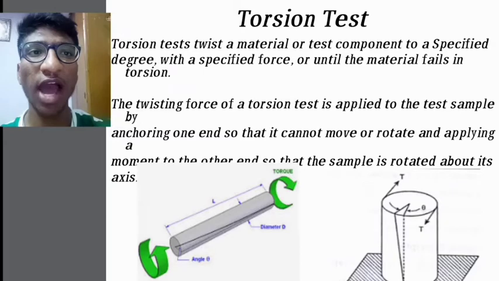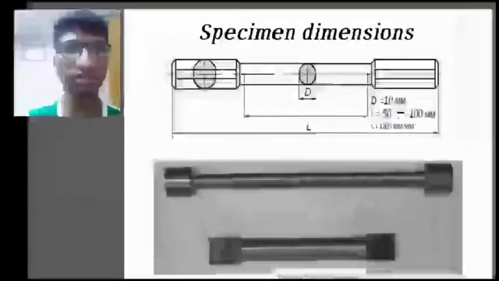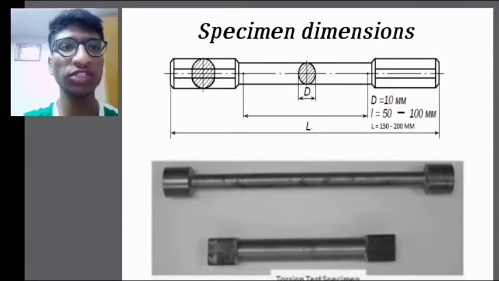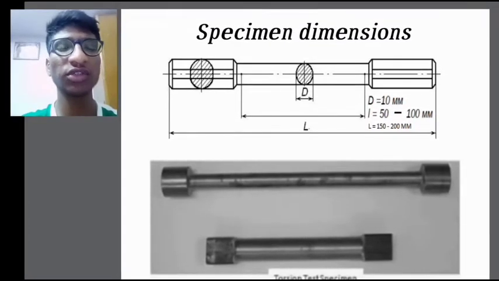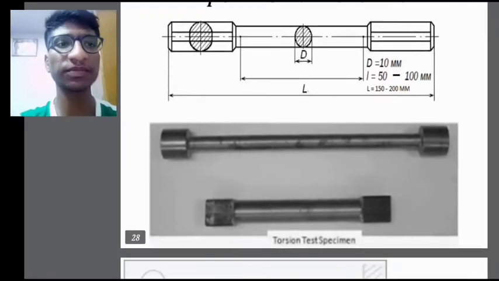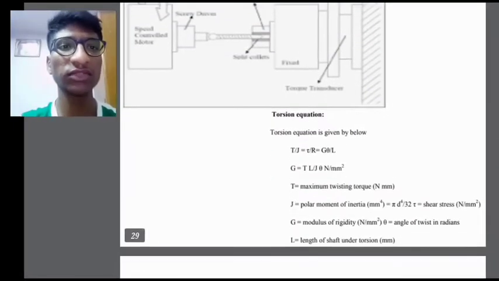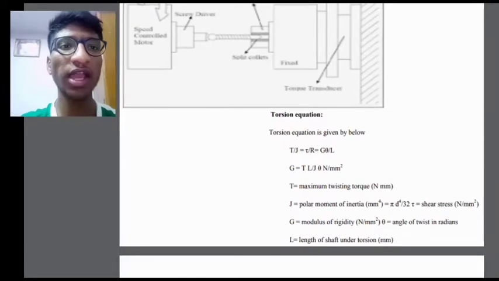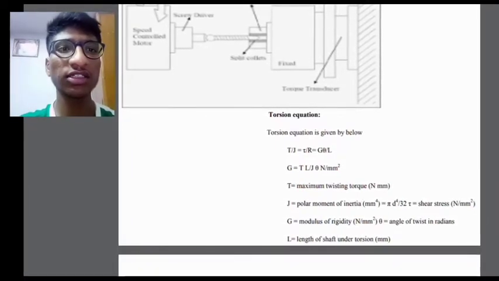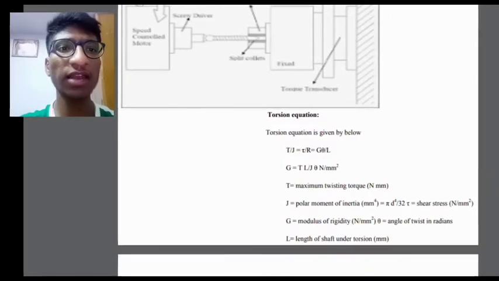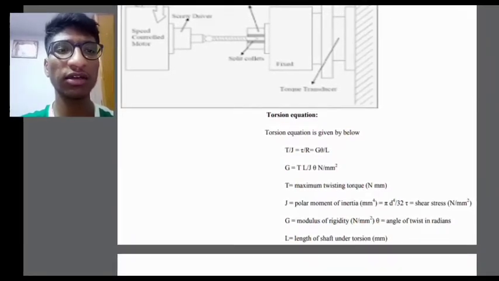So we have to take the apparatus: torsion test machine, vernier calipers, and one specimen. Initially, we have to take the dimensions of the specimen for calculating rigidity modulus. We have one equation: T by J is equal to tau by R is equal to G theta by L, so G is equal to T L by J theta.